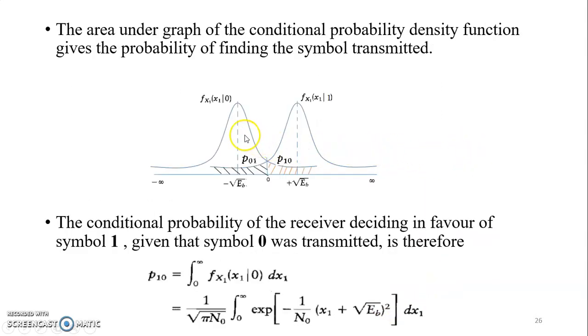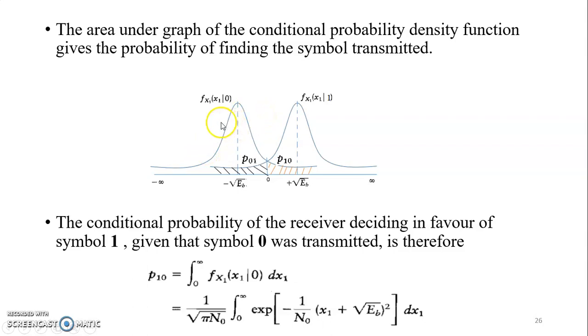Next, we plot these conditional probability density functions, and we get a bell-shaped function for each of the two. The area under a conditional probability density function gives the probability of finding the symbol transmitted.